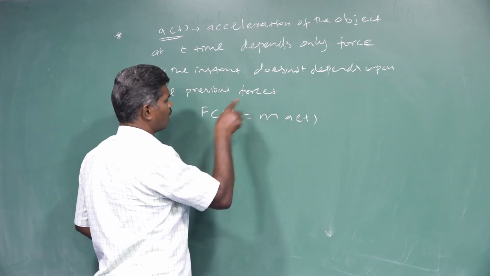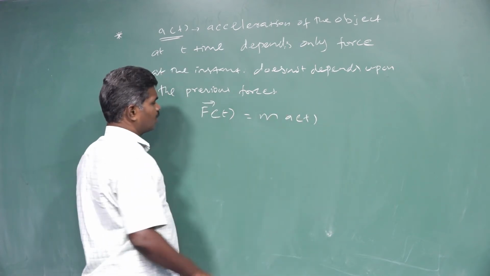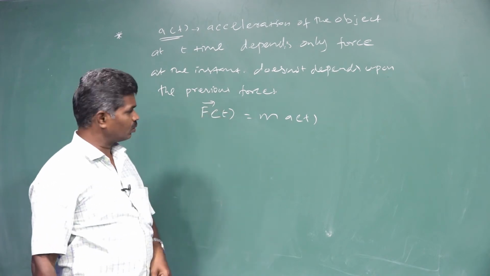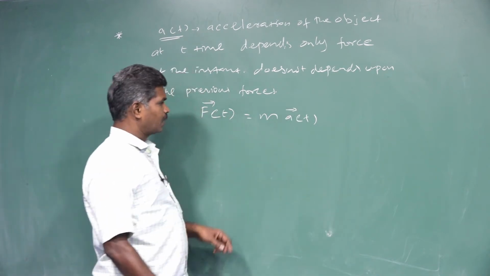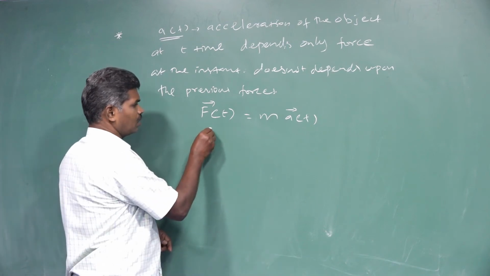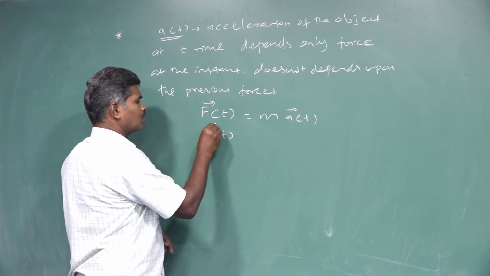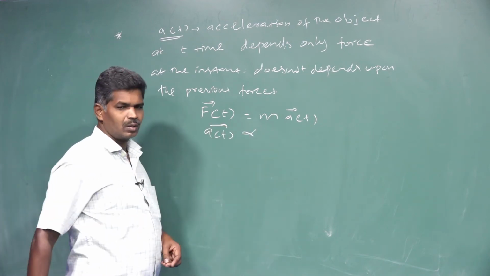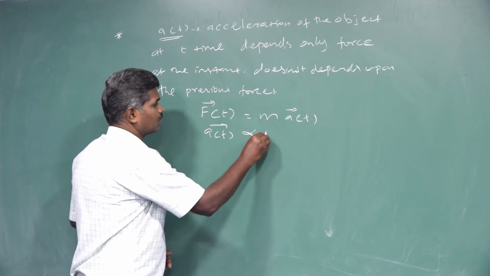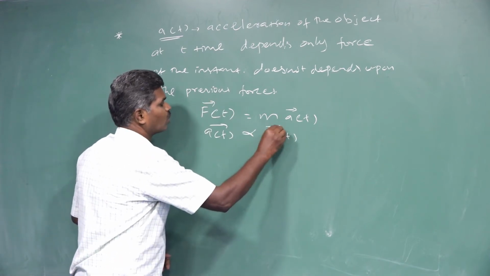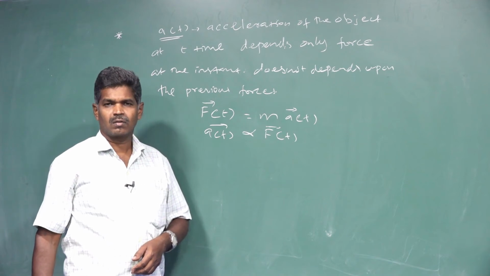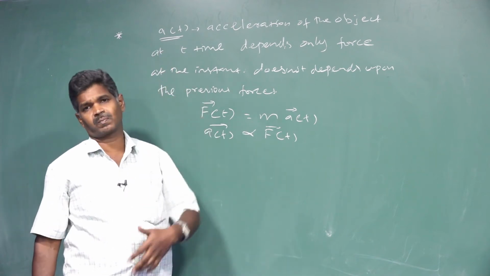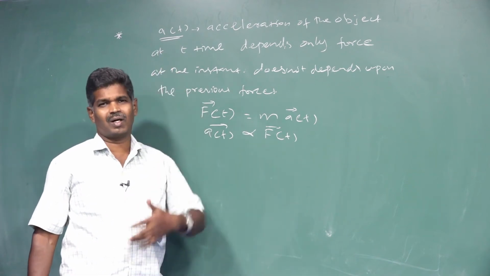Because these two are vector quantities, f of t vector equals m into a of t vector. That's why a of t vector is proportional to f of t vector only, not dependent on forces that already existed. We have a lot of examples.